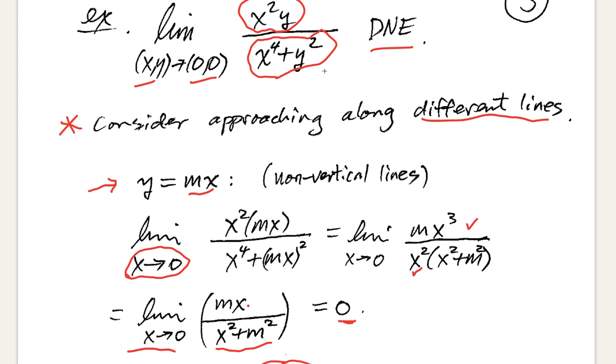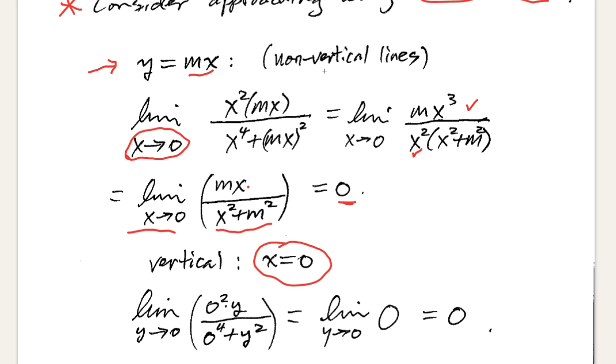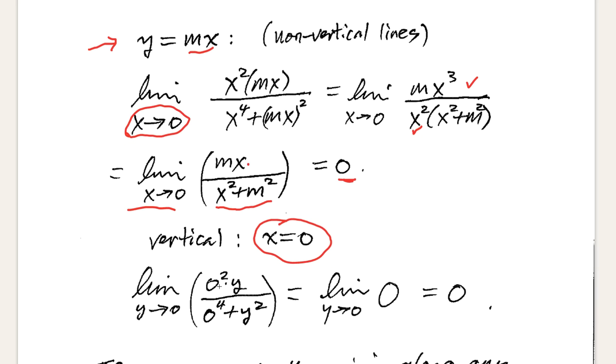If x is actually equal to 0 at each point on that line, then we'd be going 0 squared times y divided by 0 to the 4th plus y squared. Again, y is approaching 0. It's not equal to 0. We would still have a 0 numerator, a non-zero denominator. The quotient would be 0 each time, so the limit as y approaches 0 of 0 is 0.